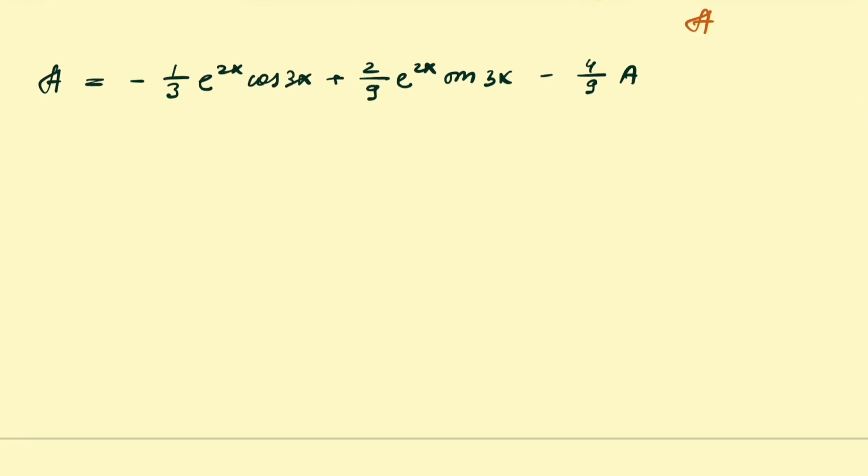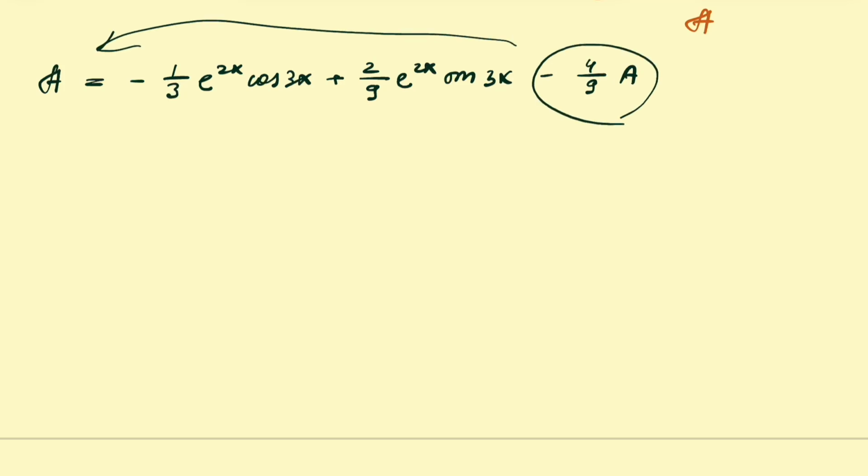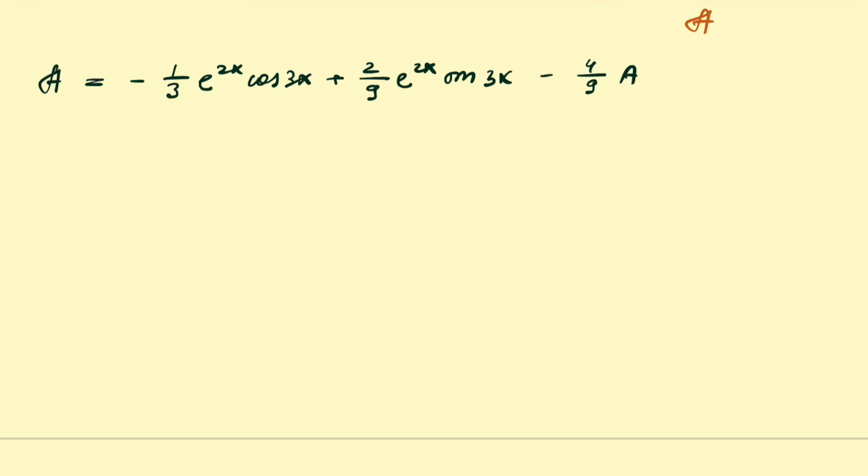Okay, now we need to isolate A because we need to find its value, and for this we just need to put this to the left and then divide by its coefficient. Alright, it will be A times 1 plus 4 over 9 is equal to this expression.